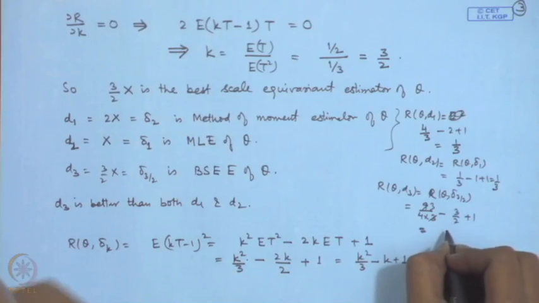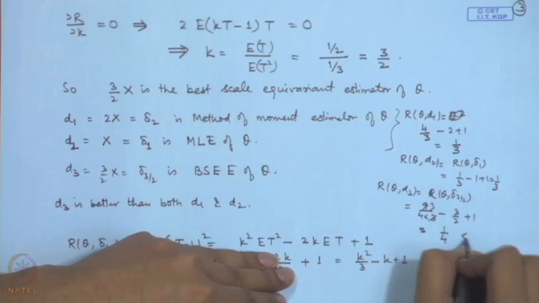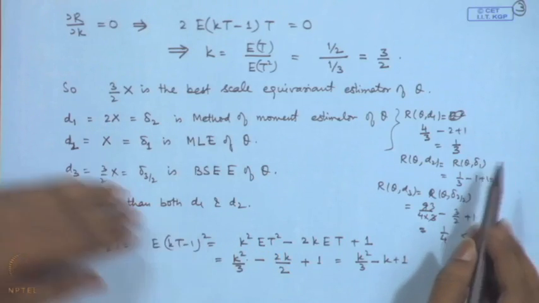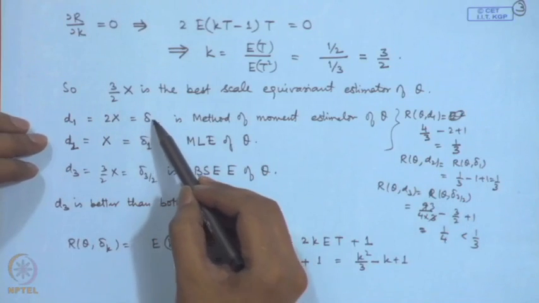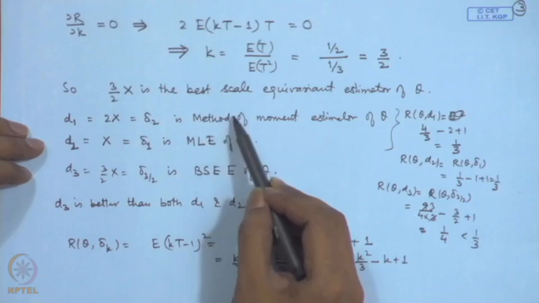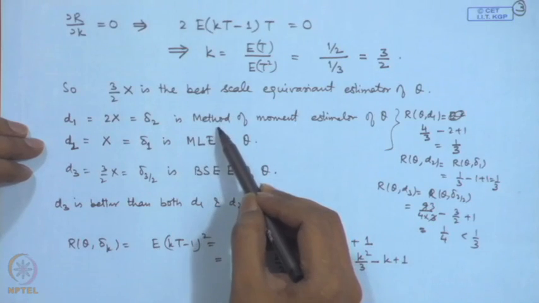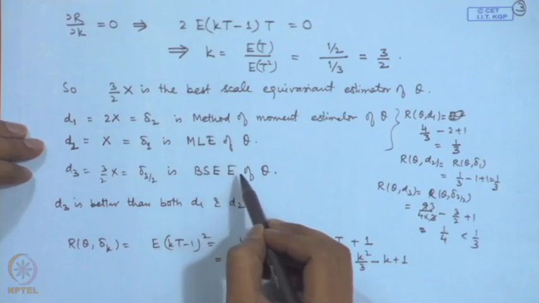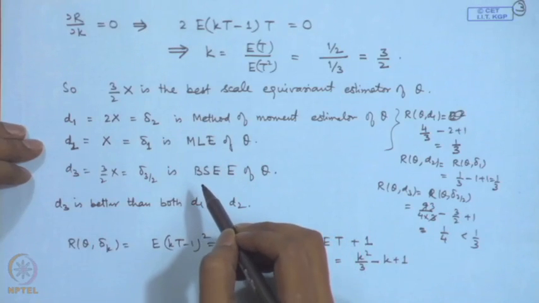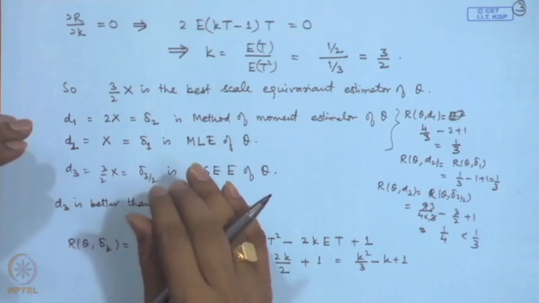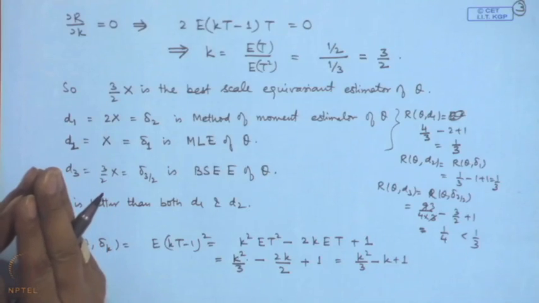So, that is equal to 1 by 4, which is less than 1 by 3. So, in this particular case, the method of moments estimator and the maximum likelihood estimator have the same risk, and the best scale equivariant estimator is better than both of them. So, here you can see the concept of invariance helps us in reducing the mean squared error, because here the risk criterion is actually the mean squared error criterion.